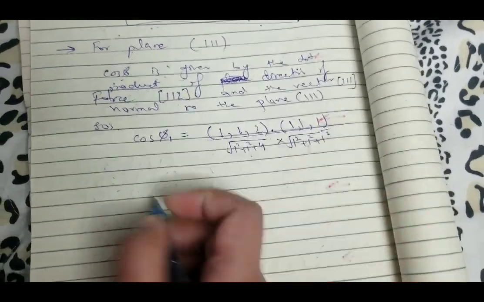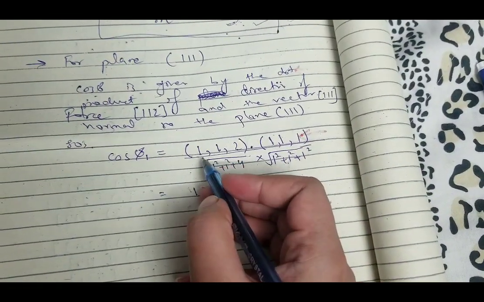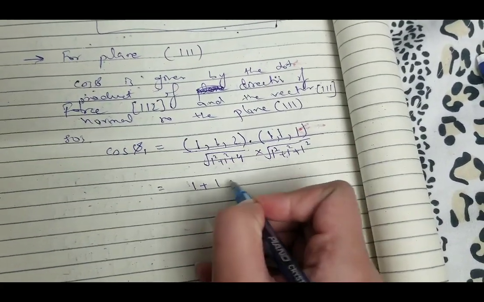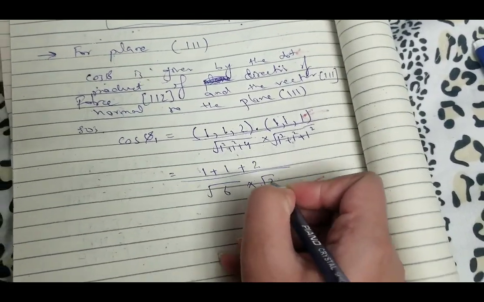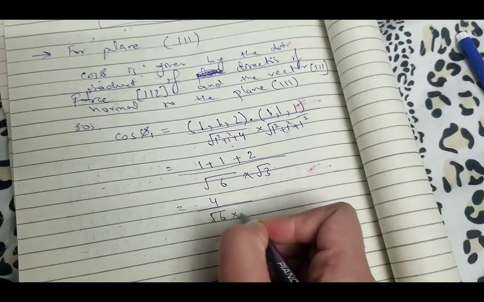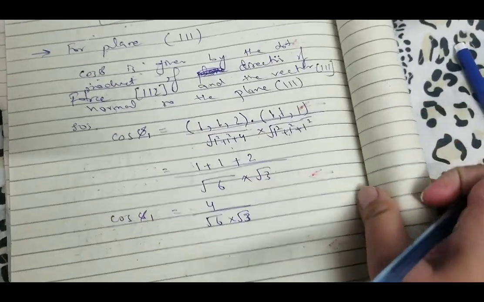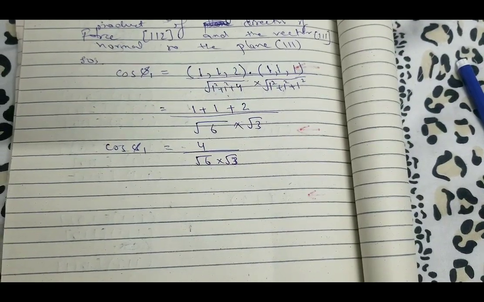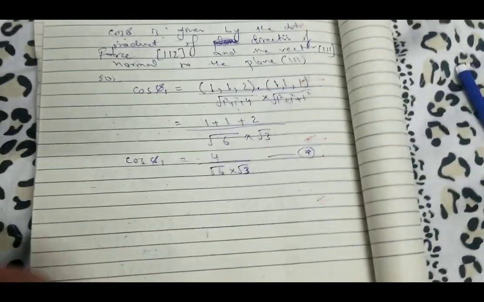A similar procedure is done here. We are taking the dot product, so 1 into 1 is 1, plus 1 into 1 is 1, plus 2 into 1 is 2, divided by under root 6 into under root 3. So it's 2 plus 1 plus 4 by under root 6 into under root 3. This is cos phi 1. If you want to simplify it further, that's up to you. I'm leaving it as it is.